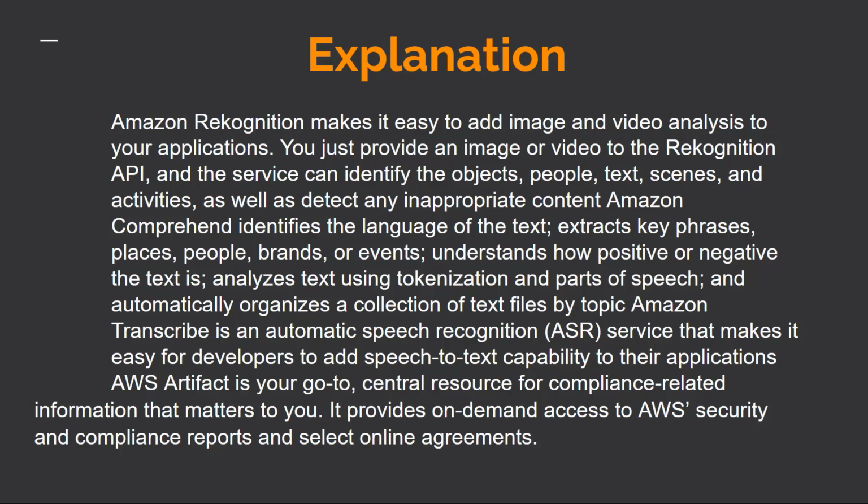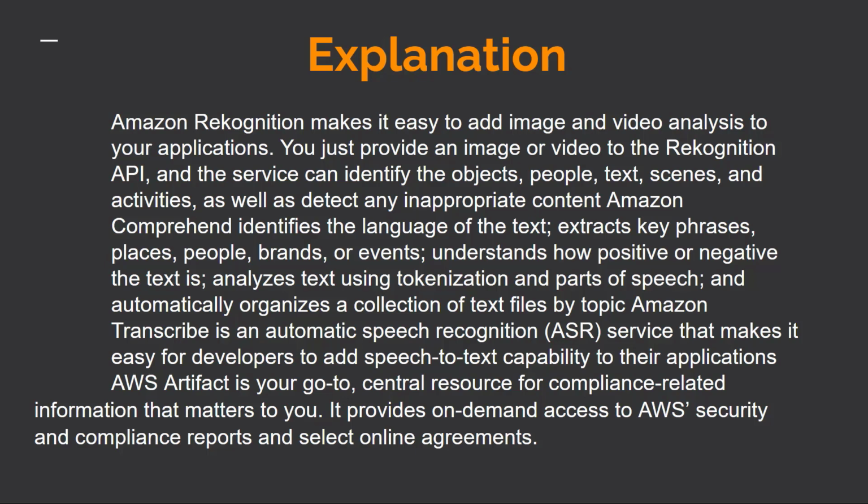Amazon Comprehend identifies the language of the text, extracts key phrases, places, people, brands, or events, understands how positive or negative the text is, analyzes text using tokenization and parts of speech, and automatically organizes a collection of text files by topic.